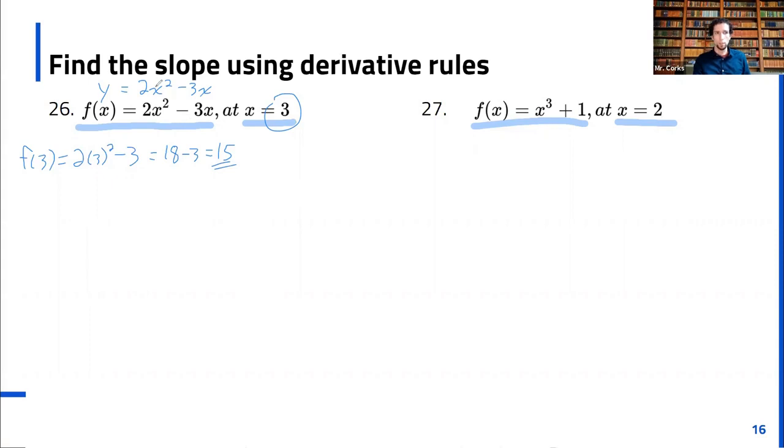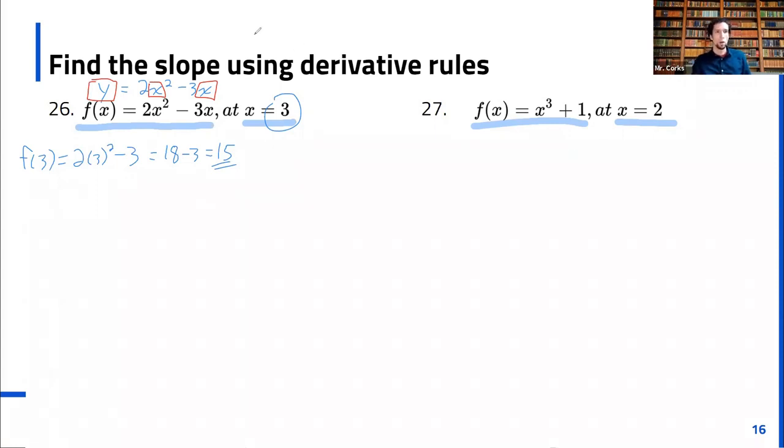So if we substitute 3 into these values of x, we are getting y. We are getting the y coordinate. So we're just getting the height of the function. We are not getting the slope. If we want slope, we need to use the derivatives. So if you substitute your x value into the original, you get the y value, the height. If you substitute it into the derivative, you get slope.